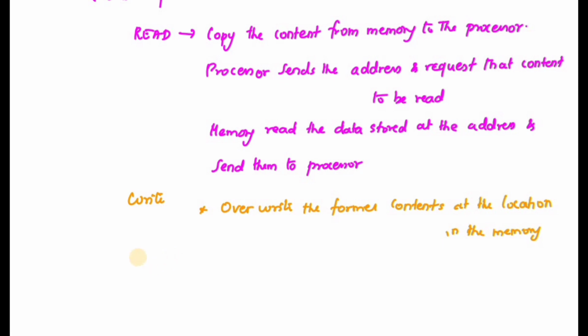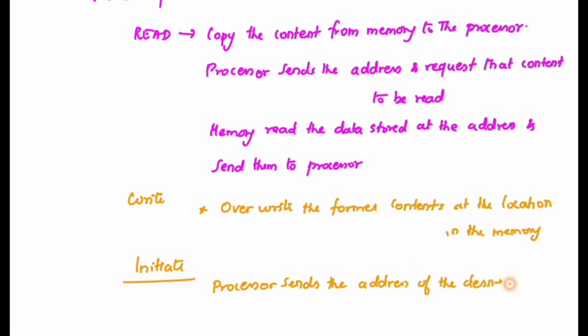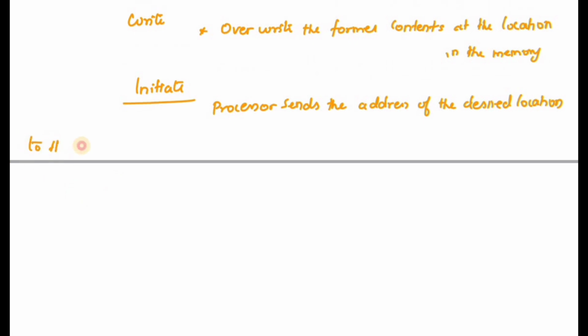So how do we initiate the write operation? In order to initiate the operation, the processor will send the address of the desired location to the memory, plus it will also send the data that is to be written.